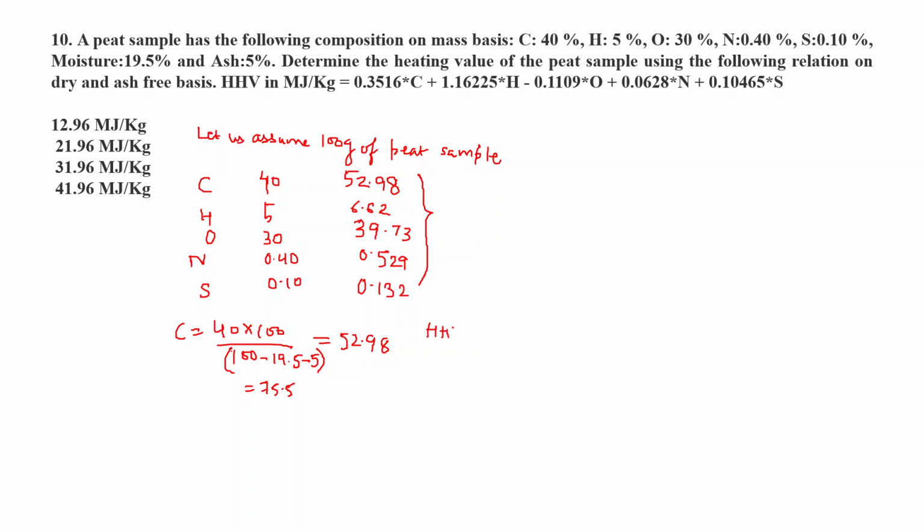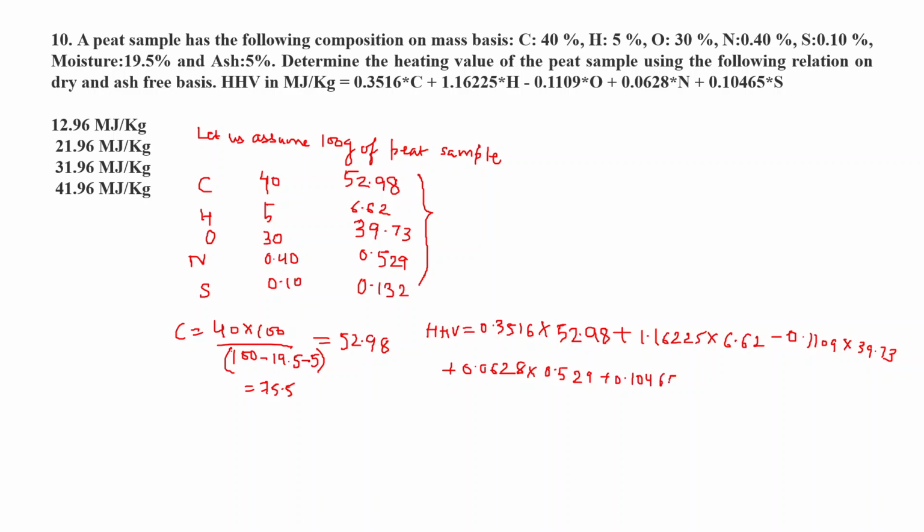After putting all this in the equation given in the question and solving it, you will get the answer, that is 21.96 megajoule per kg.